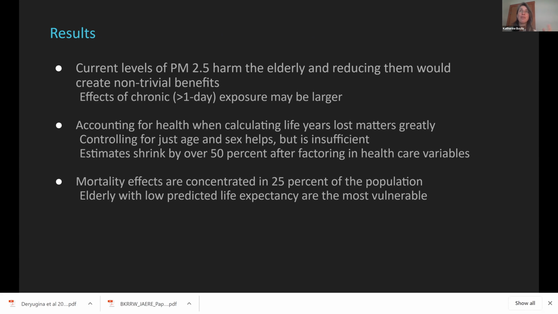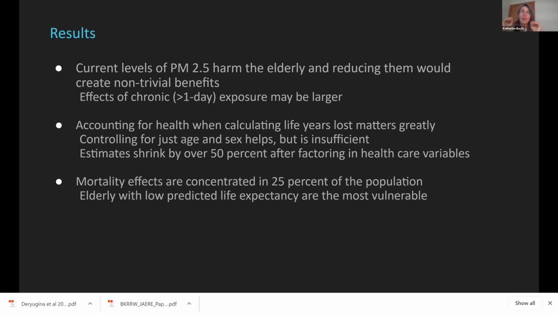The punchline of the paper, though, is that current levels in the US of PM2.5 are harmful to the elderly. And the benefits of reducing PM2.5 are large monetarily, even if the biggest effects are on people who have relatively short life expectancies even without the pollution, okay?